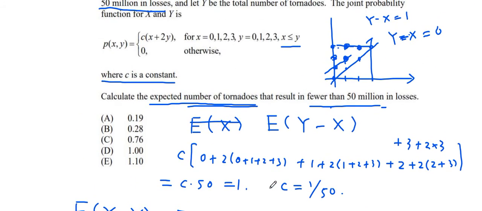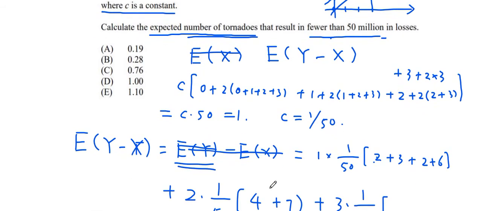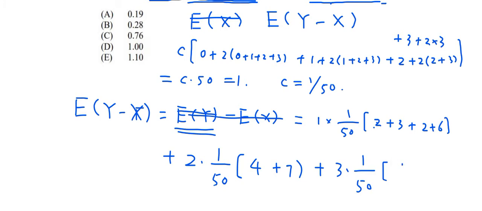There is only 1 point, X equals 0, Y equals 3, so 2Y equals 6. Okay, so this is the expectation of Y minus X.